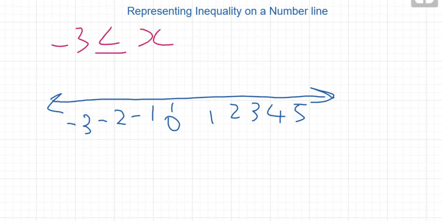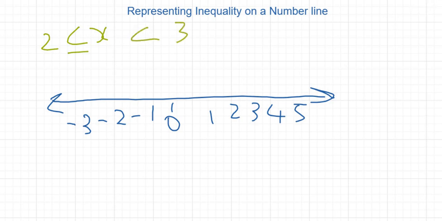Let's look at another one. Let's say we have x is greater or equal to 2, and what? I'd say less than 3. And so we go where 2 is, we close it at 2 because it is equal or greater.